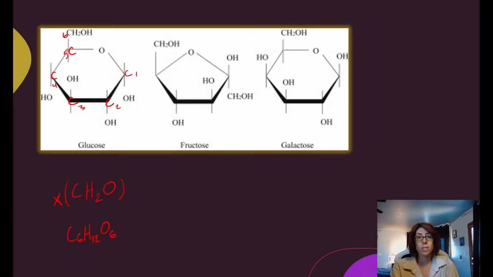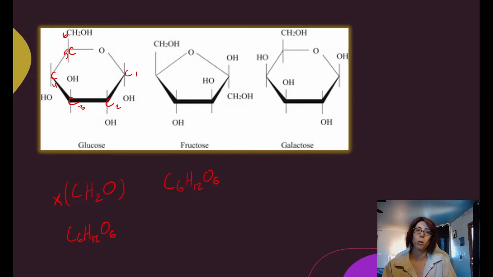Now you'll notice that fructose is also a 6-carbon sugar, and it has the same chemical formula, C6H12O6, but it only has 5 points to its little ring instead of 6 points and 6 sides. Because glucose and fructose have the same chemical formula, they are isomers of each other.